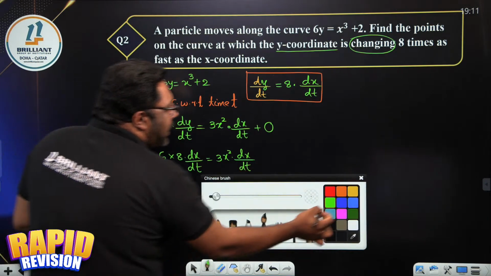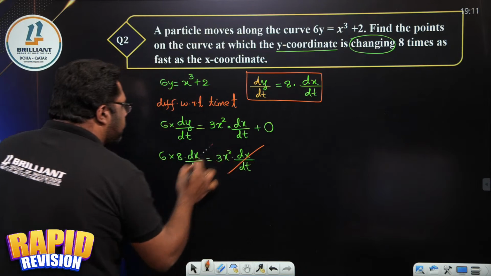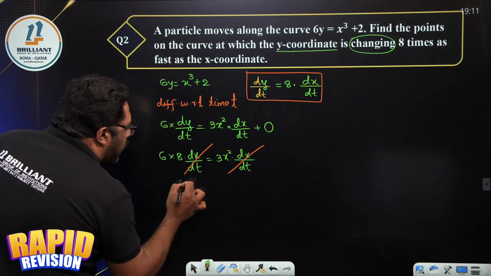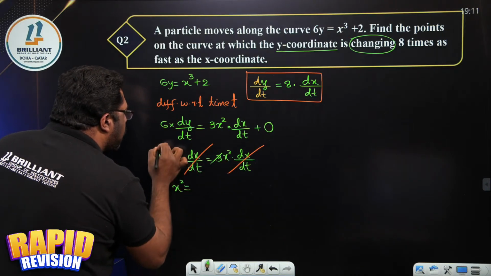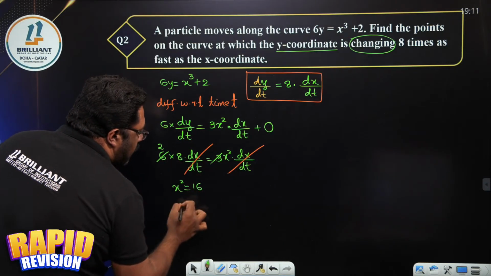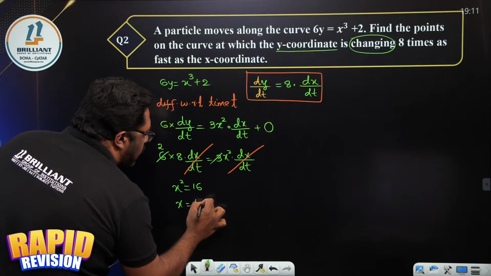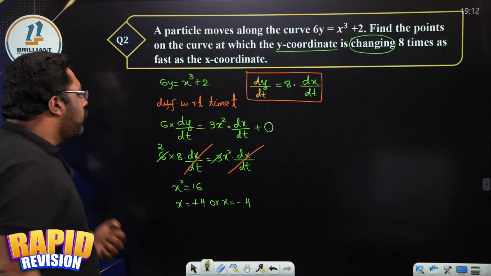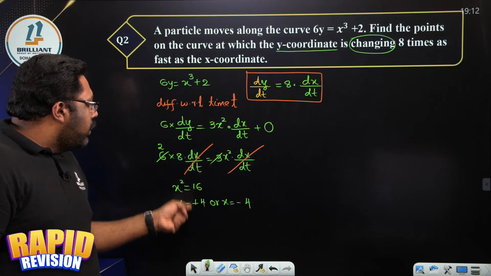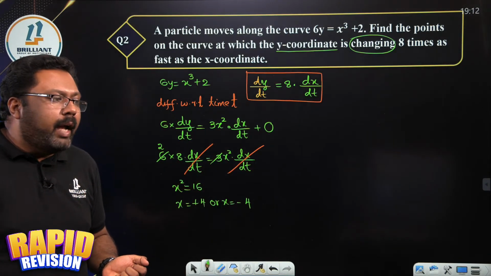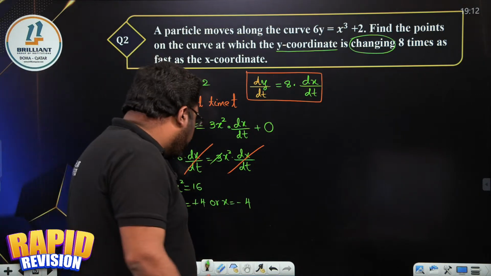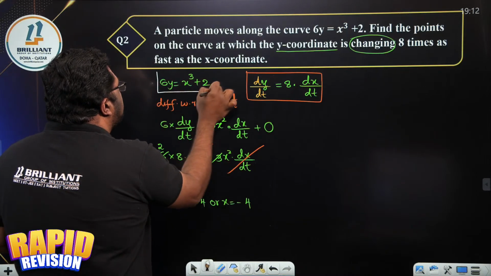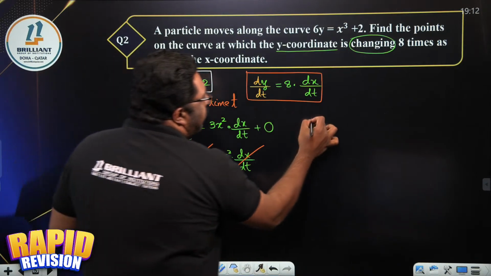Can I take out dx by dt on both sides? I get the answer as x squared is equal to 16, and x is positive 4 or x is negative 4. So I got x squared equal to 16 and the values of x are 4 and minus 4. Use those values in this equation to get the value of y.